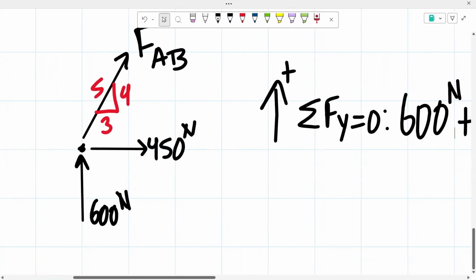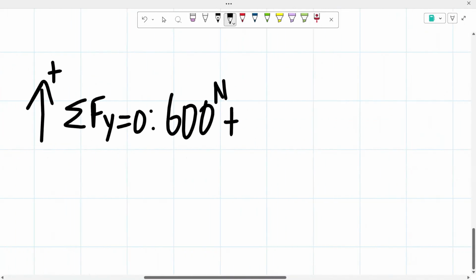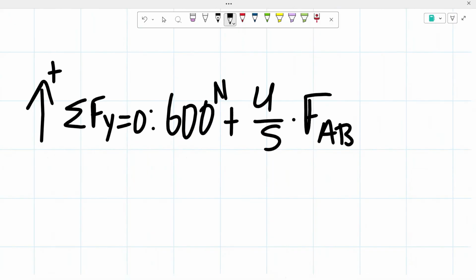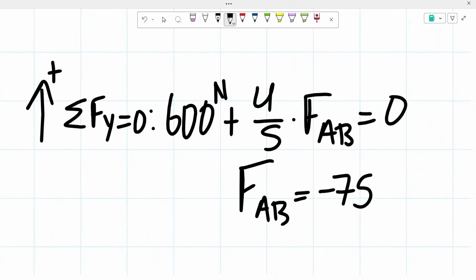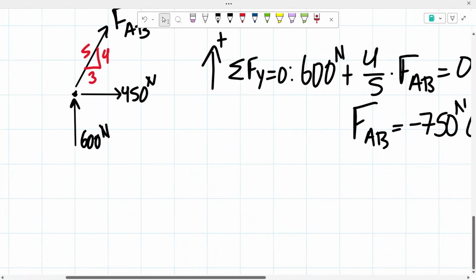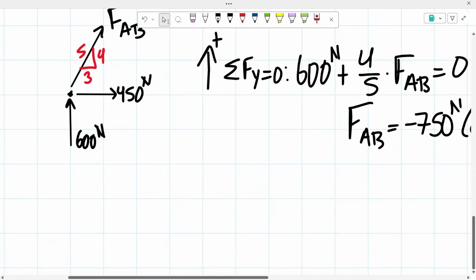But now to determine that vertical component of it, we're going to be multiplying our force AB by 4/5, since we're trying to determine that vertical component. So 4/5 times force AB equal to 0. We end up getting that force AB is equal to negative 750 newtons in compression. So that's actually going to be in compression.